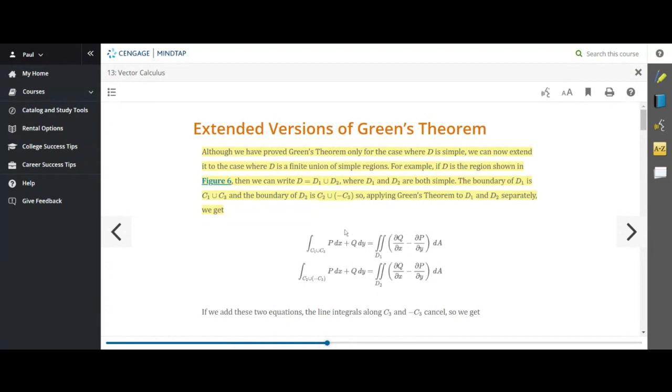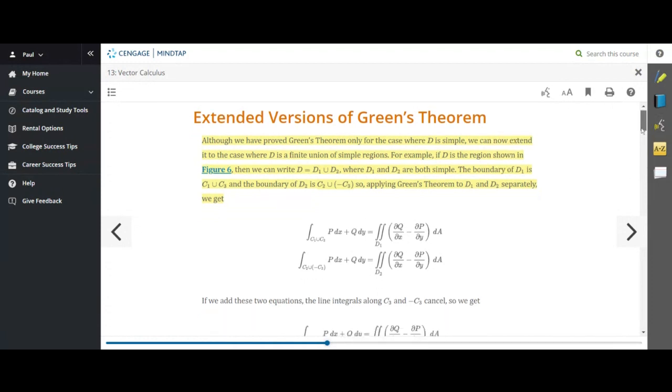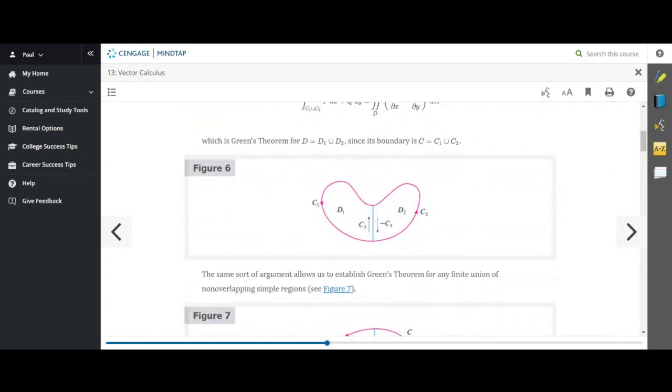So what they do here is they have this sort of pretzel-shaped solid in figure 6, and it's composed of two simple regions, D1 and D2.